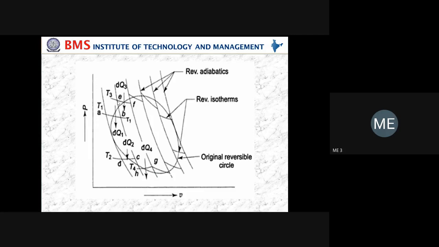Similarly, you take another cycle, where dq3 is the heat added at constant temperature T3, and dq4 is the heat rejected from the system at constant temperature T4. Like that, choosing one or two cycles is enough, and leave the remaining cycles as they are. To prove the theorem, we take one or two Carnot cycles. This original reversible cycle consists of a number of Carnot cycles.